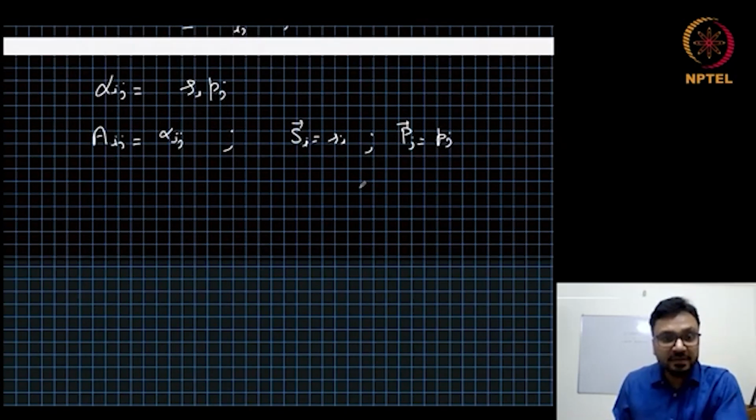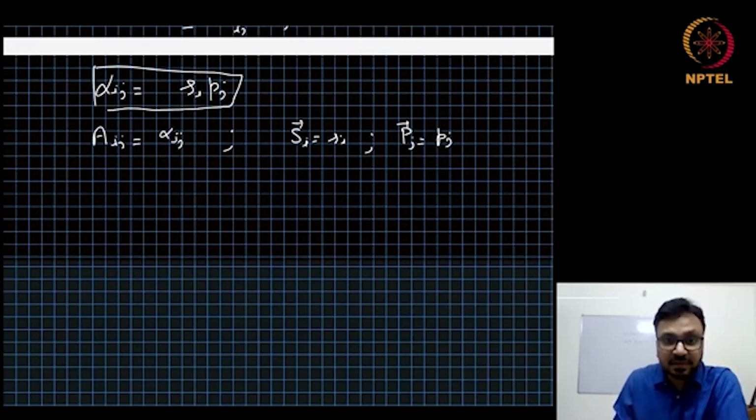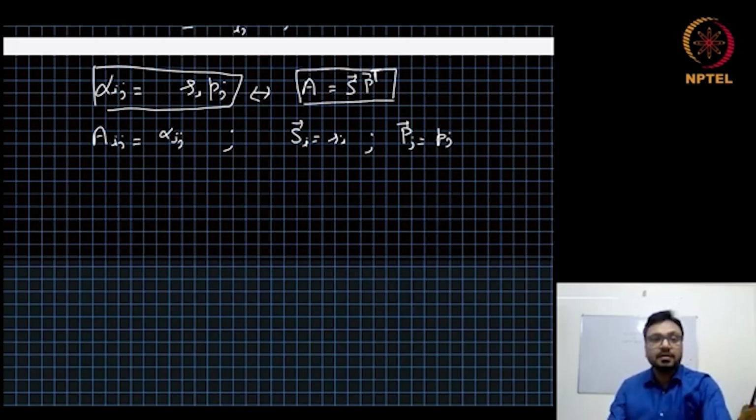Then, this equation is equivalent to the matrix A being the vector S times the vector P transpose.